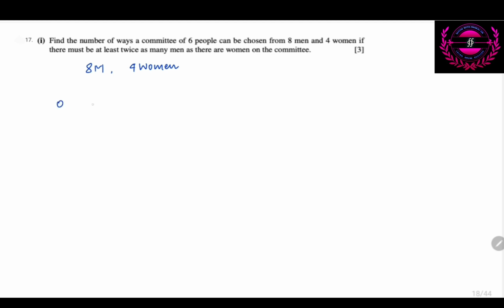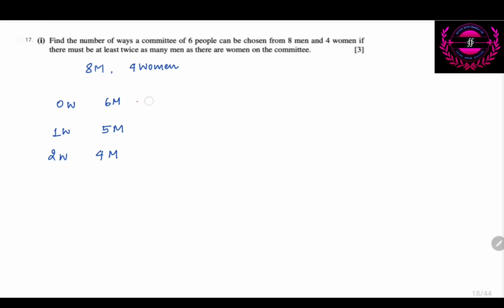So it can be 0 women and all 6 men, or 1 woman and 5 men, or 2 women and 4 men. These are the only possible outcomes.